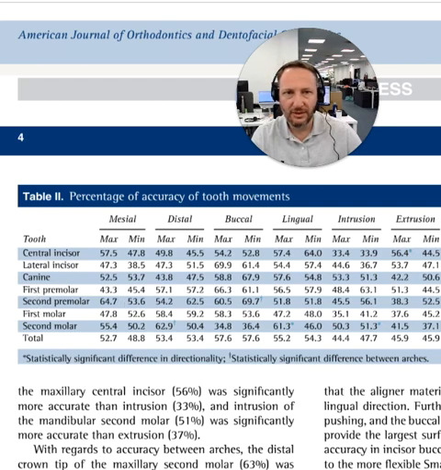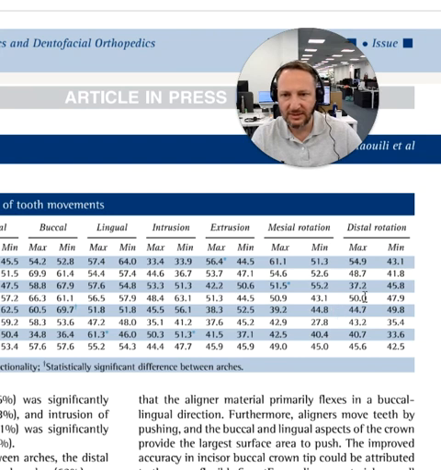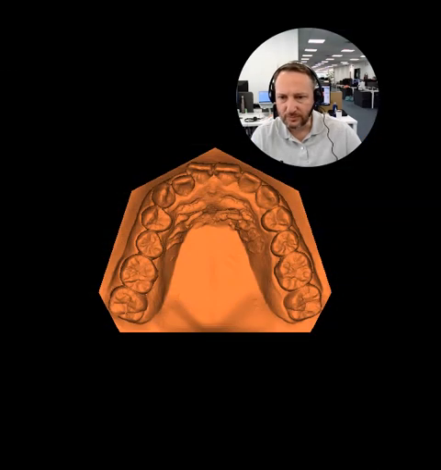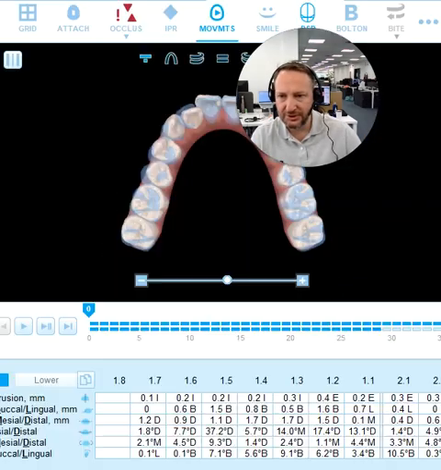For rotation, we have a predictability of around 44%, meaning that what we plan in the ClinCheck, we may achieve halfway.